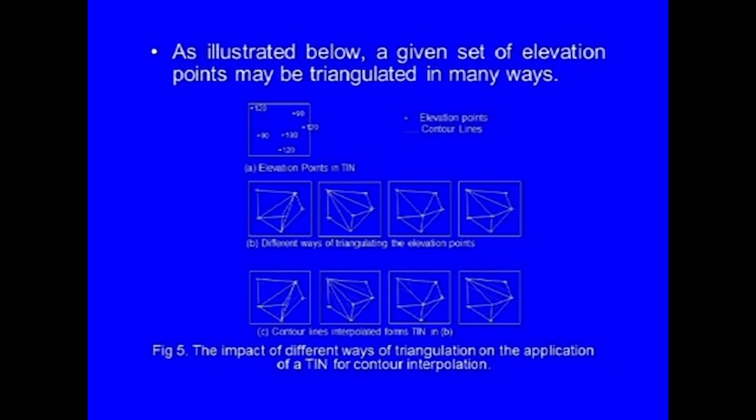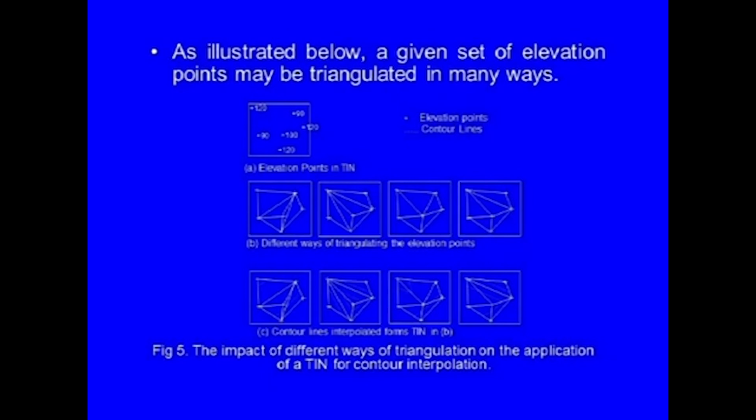Depending on the way of triangulating, different forms of ground profiles can be generated, and this may change the whole shape of the ground, as it may be a wrong representation because of the method by which the triangulation has been carried out.